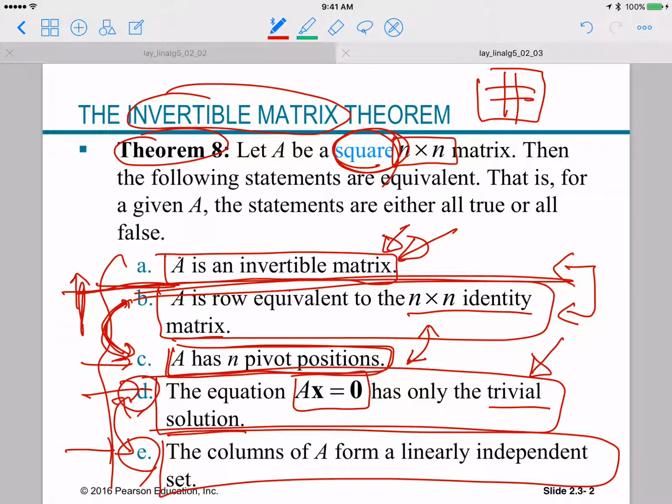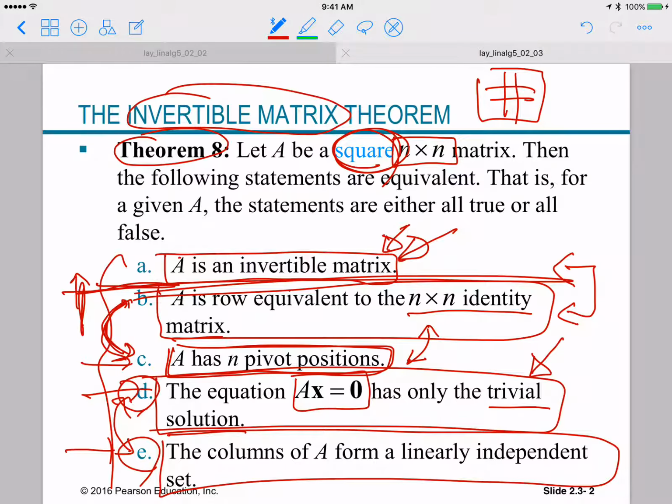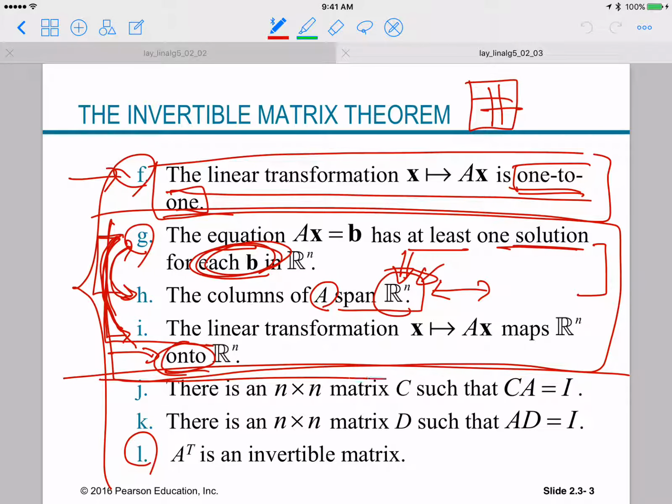The identity matrix as a reduced echelon form means your matrix is invertible, right? So that was exactly the theorem here, right? So we now extend it further and handle the very first item, A. Starting from the very first item A through I, they are all the same thing.